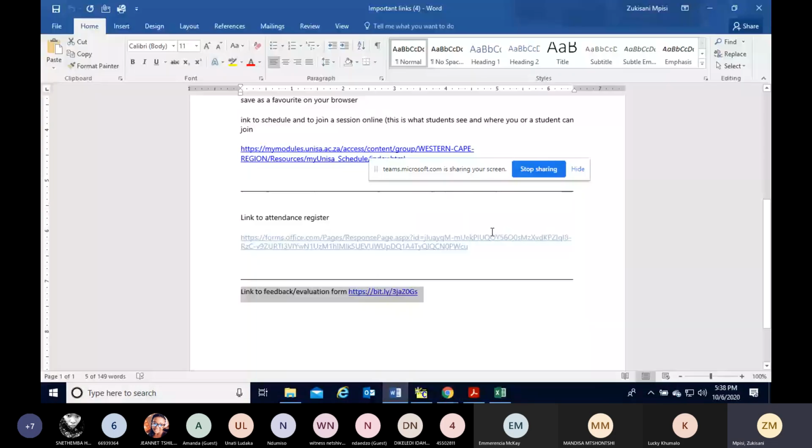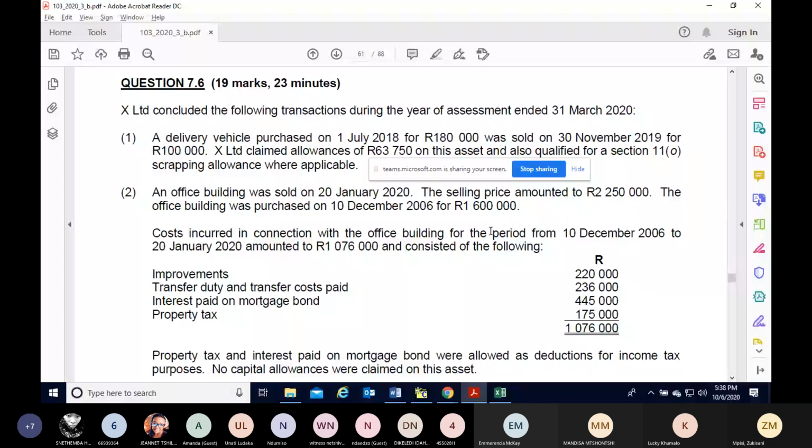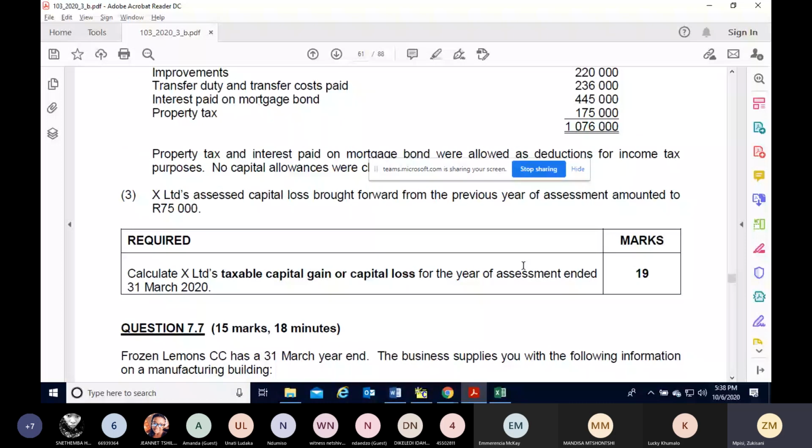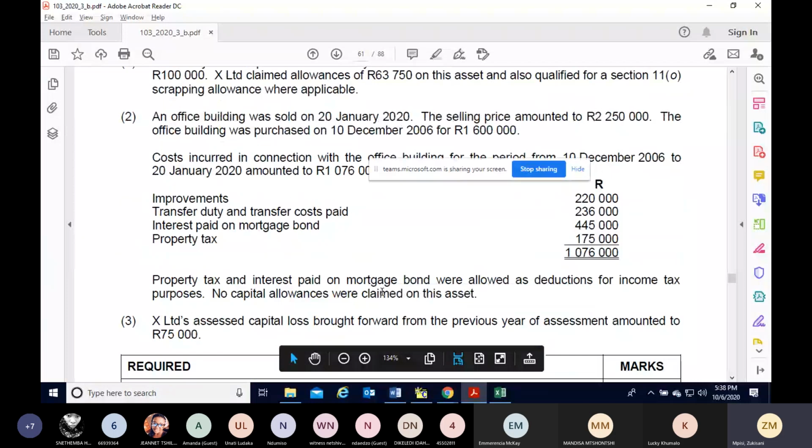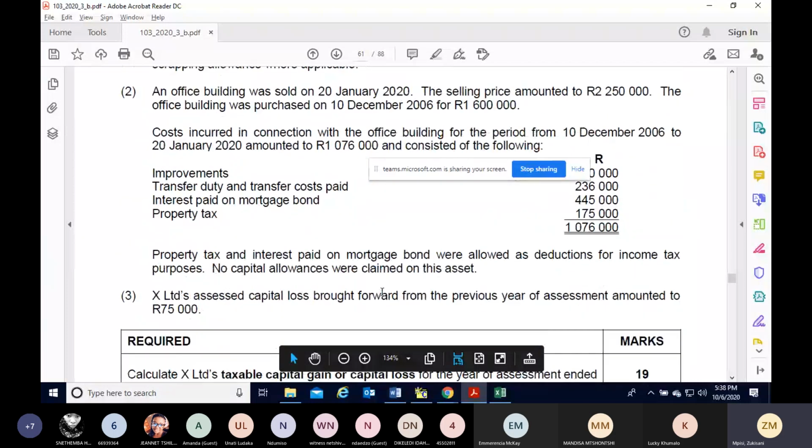So let us look at 7.6. X Ltd concluded the following transactions during the year of assessment ended 31 March 2020. Calculate the taxable capital gain or capital loss for the year of assessment ended 31 March 2020. So let us quickly look at this one.